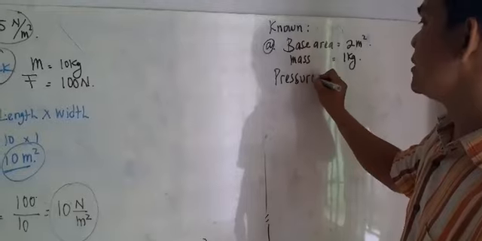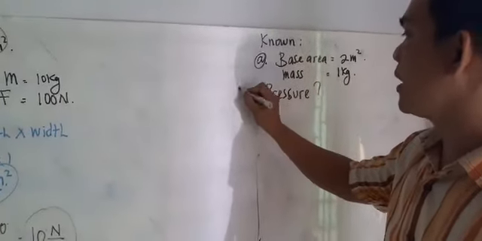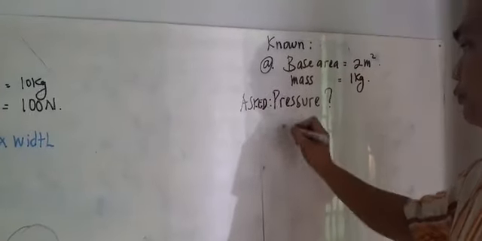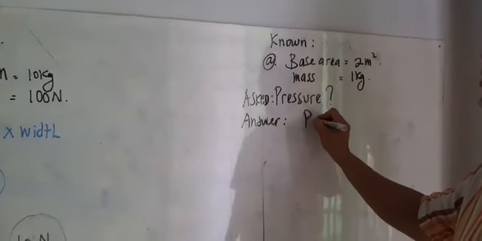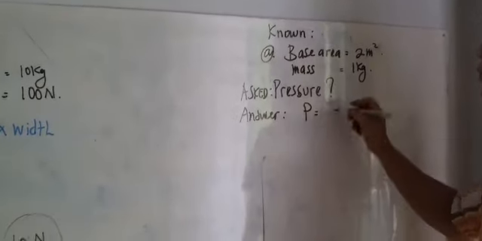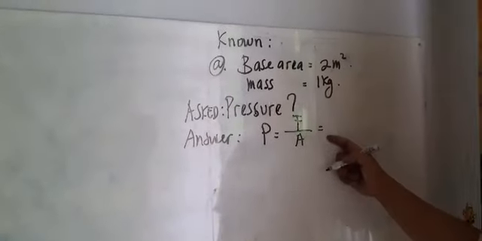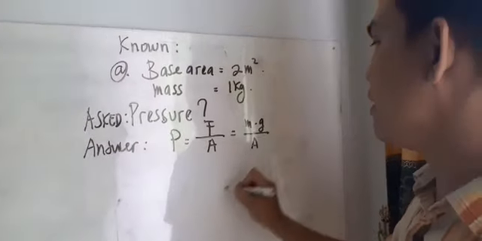The pressure, P, is equal to force divided by area, and force is mass times gravity, divided by the area.